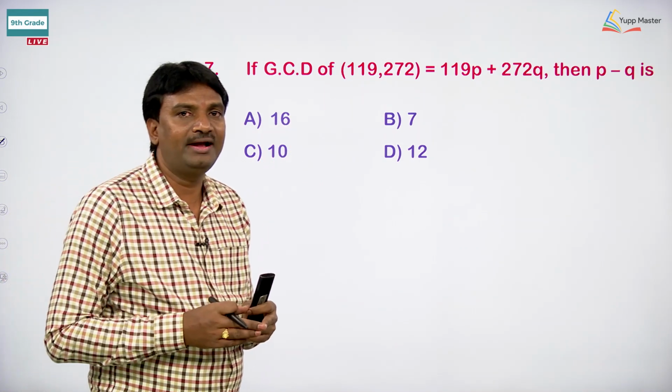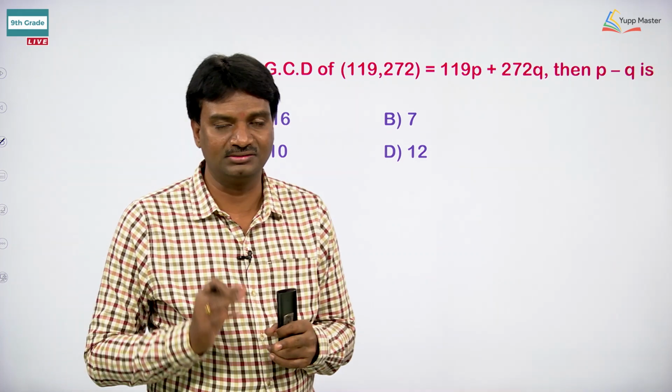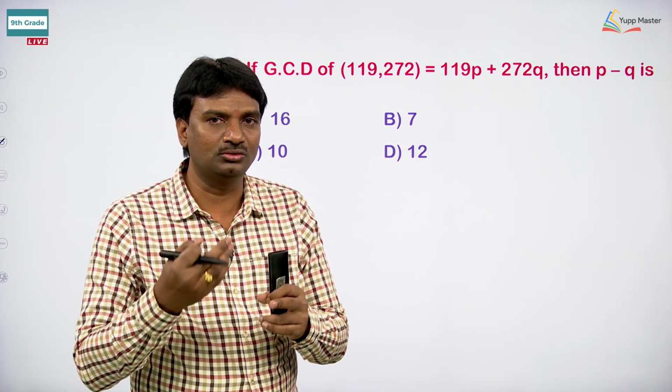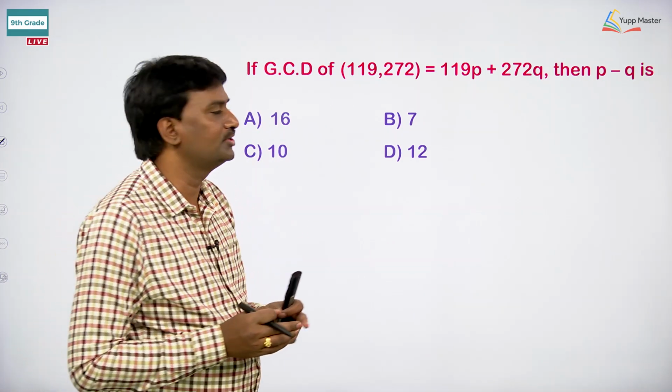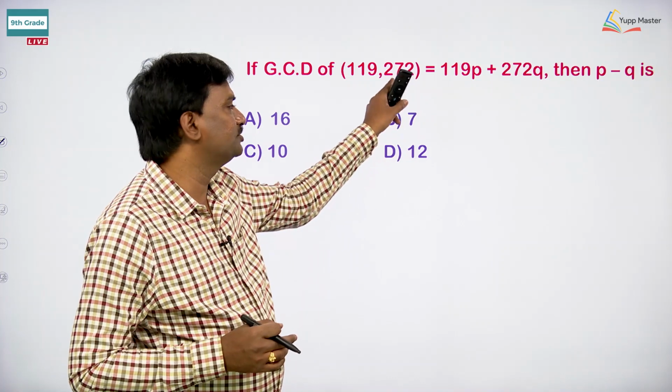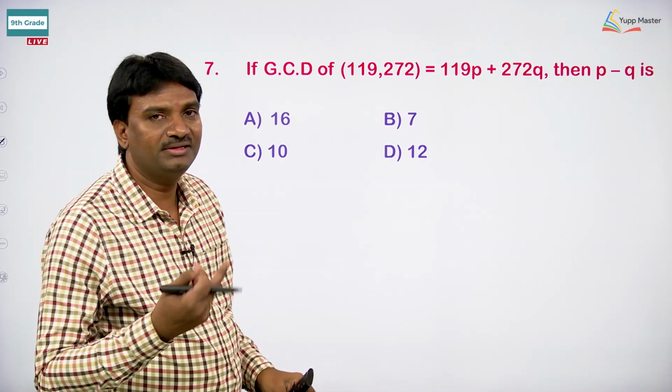We know how to find the GCD of integers. If two or more integers are given, we divide the greatest number by the smallest number, where the greatest number is 272 and the smallest number is 119.